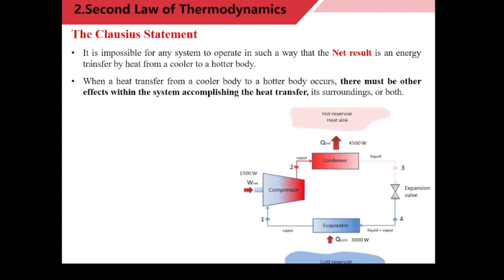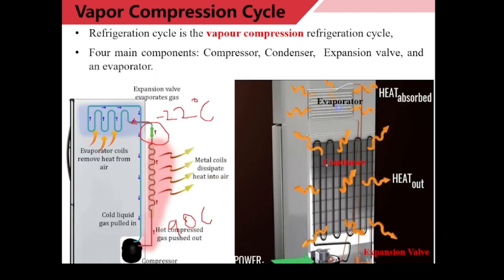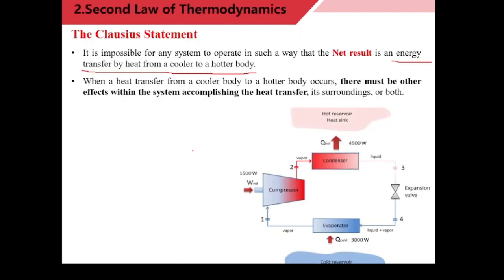So what was the Clausius statement? It's impossible for any system to operate in such a way that the net result is an energy transfer from a cooler to a hotter body. It means it's not possible for any system to transfer heat from the cooler to a hotter body or region.